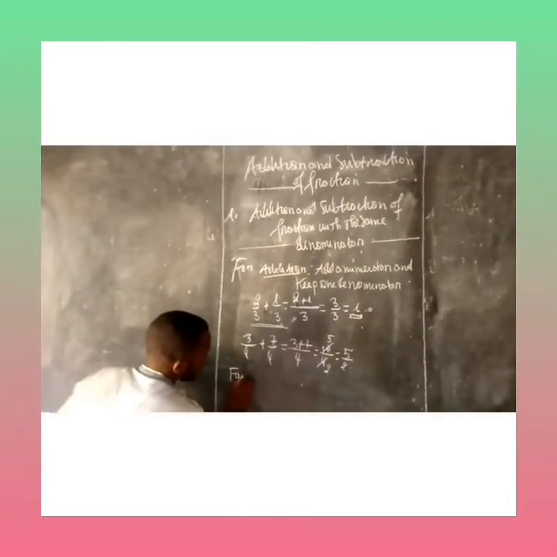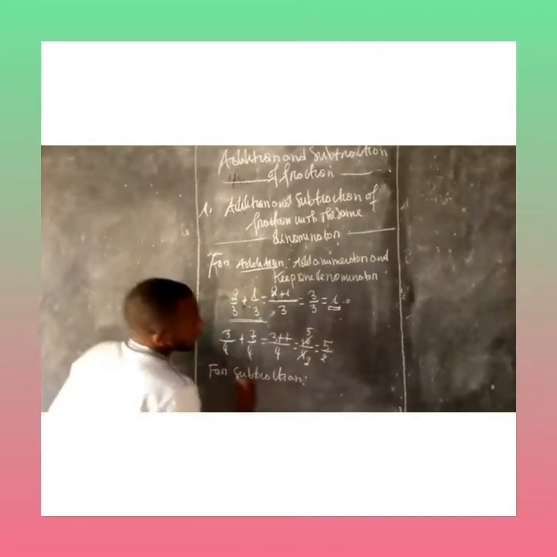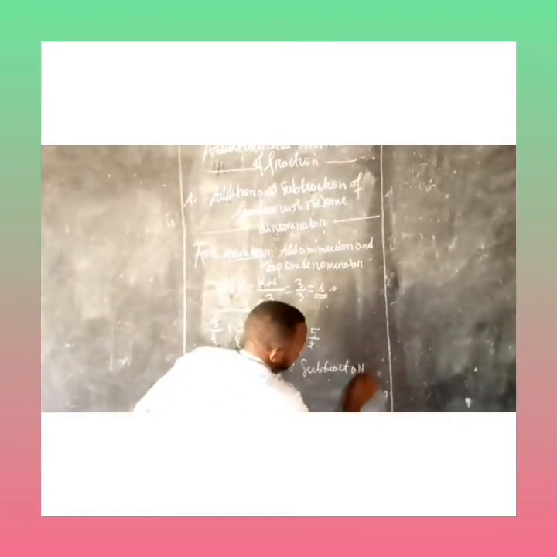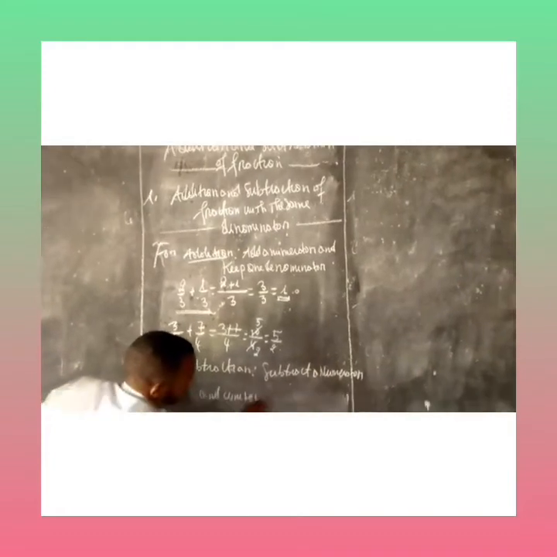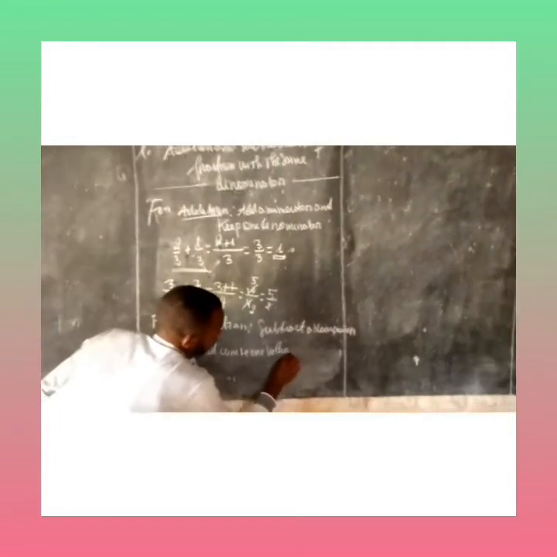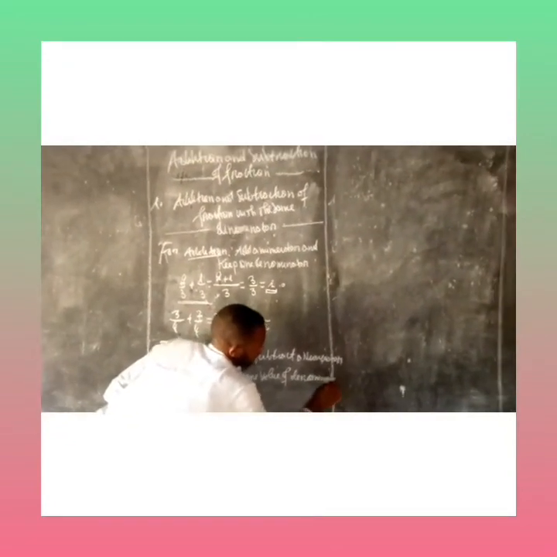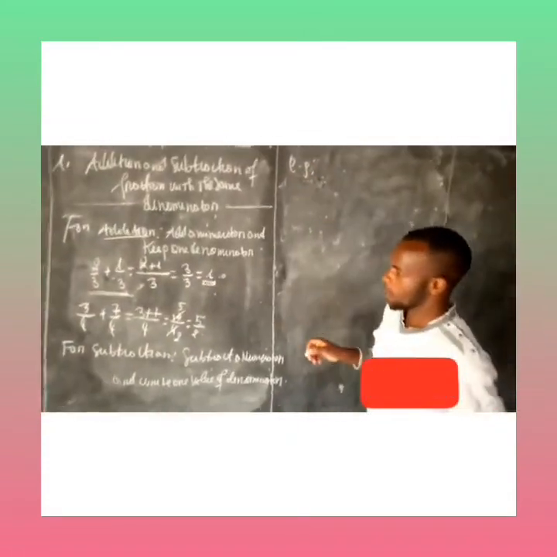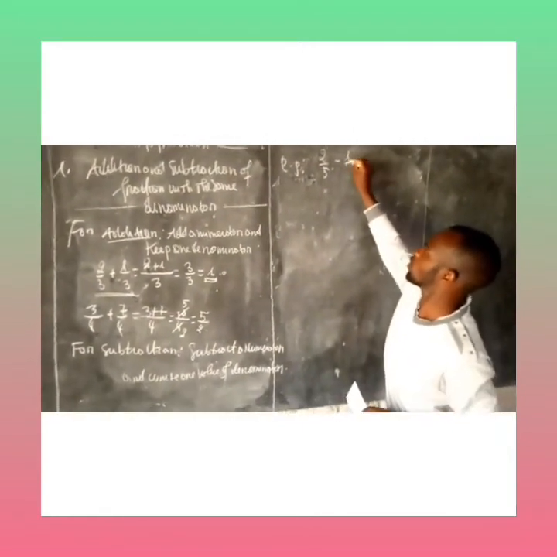So now for subtraction, first of all subtract the numerator and write one value of the denominator. Example: let's take 2 over 5 minus 1 over 5.